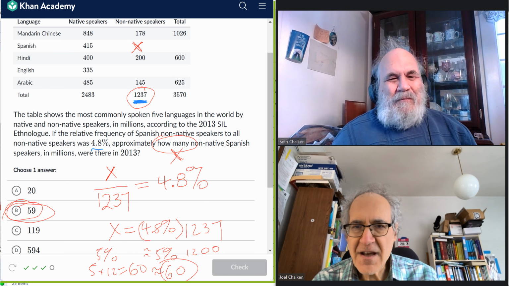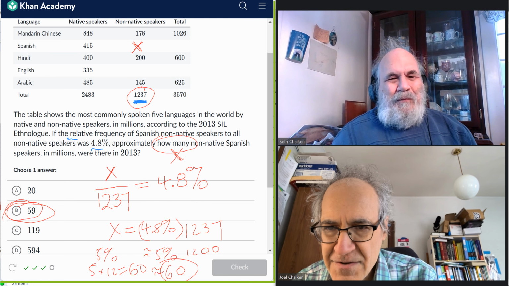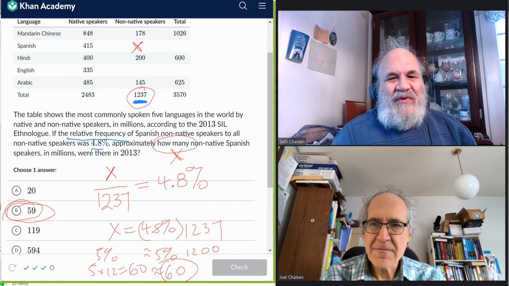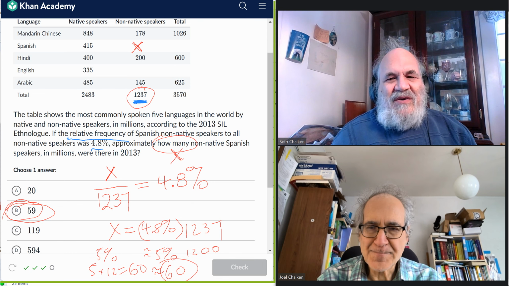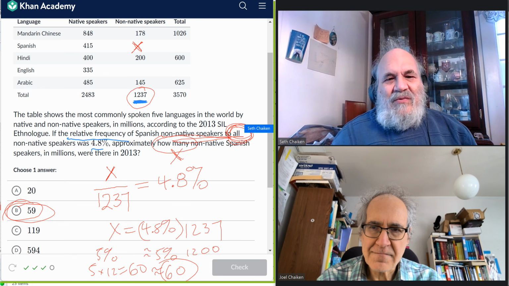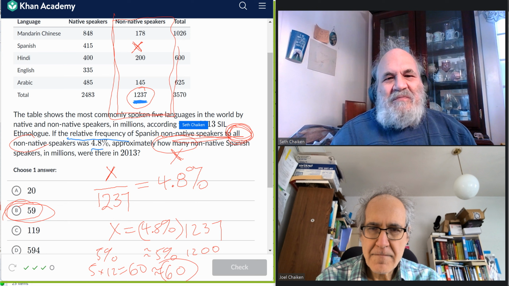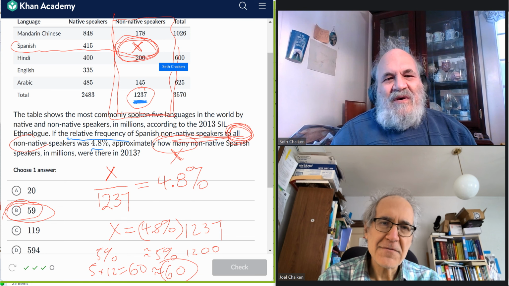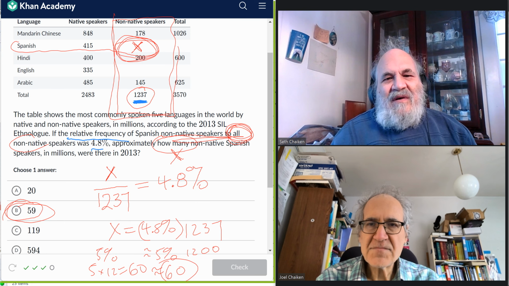The relative frequency of non-native speakers of all languages, all non-native speakers. So we only look at the non-native column. And the problem is only about the Spanish non-native column, relative to the total non-native.